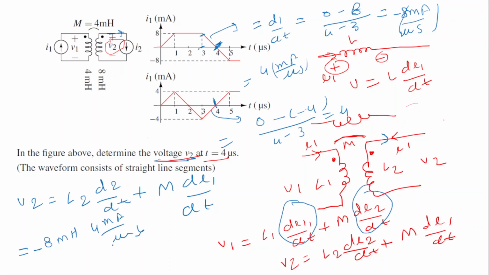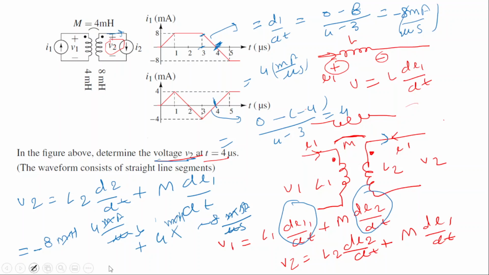So this milli we can cancel out, plus the mutual inductance. Now the mutual inductance is 4 millihenry multiplied by the slope of this current, which is -8 milliampere per microsecond.